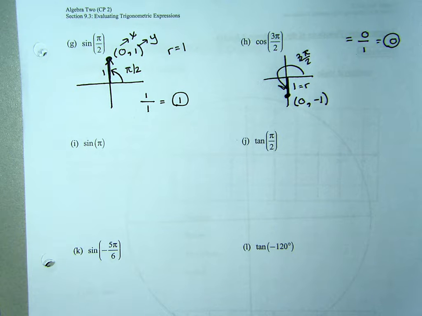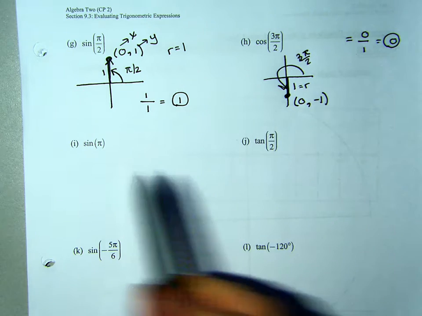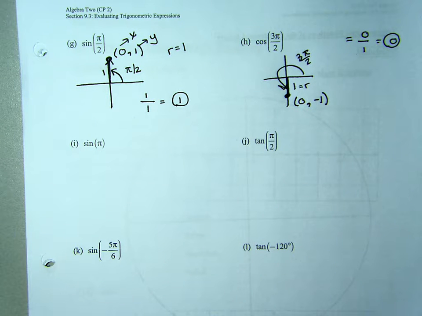If it is an angle that is right on an axis, you're not going to draw a triangle. I actually think this is much easier than just drawing triangles. You know the radius is 1. You know you've gone out 1. Get the coordinates involving 1s and 0s or -1s, and then use your formulas. Try I and J right now on your own.